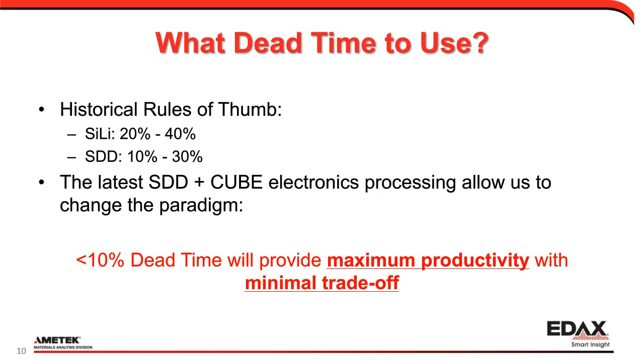And here in today's webinar is where I'm going to propose that with the latest silicon drift detector technology plus CUBE electronics, which are available in the latest EDAX Elite, Octane Elite detector series, we can completely change this paradigm. And here's where I'm saying that a target dead time to use of less than 10% will provide maximum productivity with minimal trade-off.